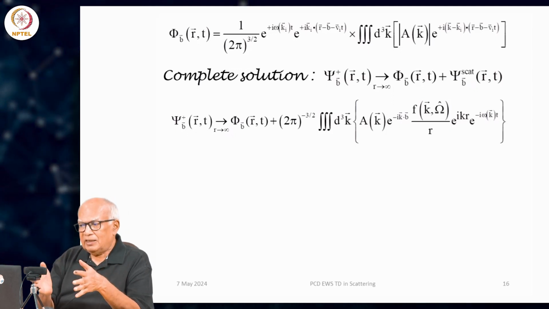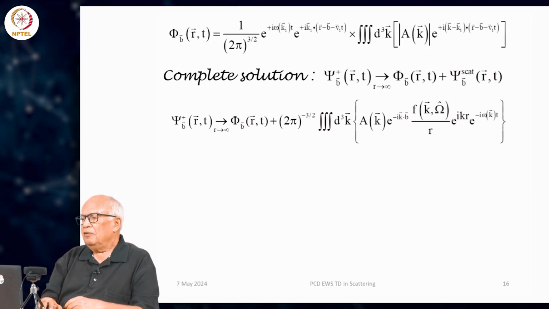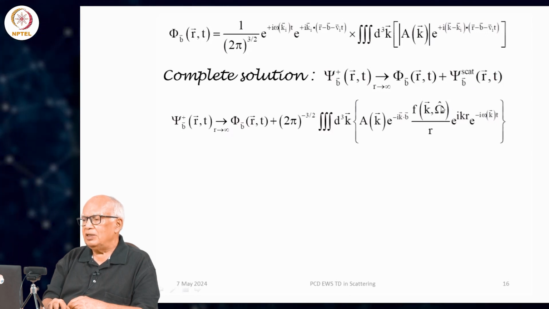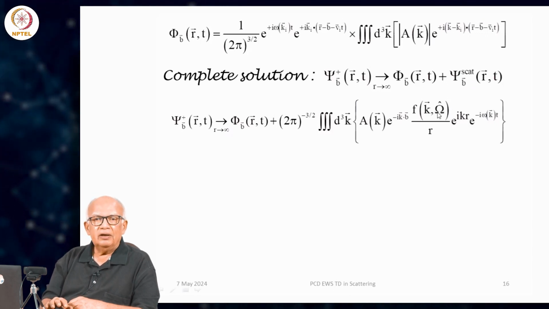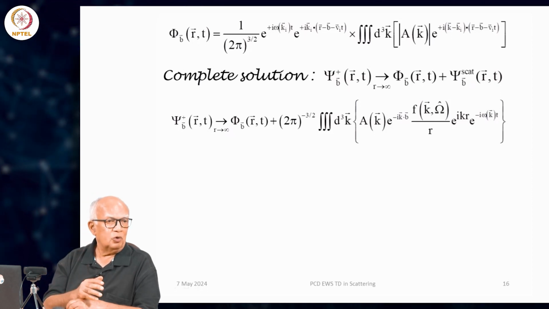The physics is in the scattering amplitude, which is f, which depends not only on k but on the angle omega. So, this is the unit vector omega, which corresponds to the polar angles theta and phi of the spherical polar coordinate system.